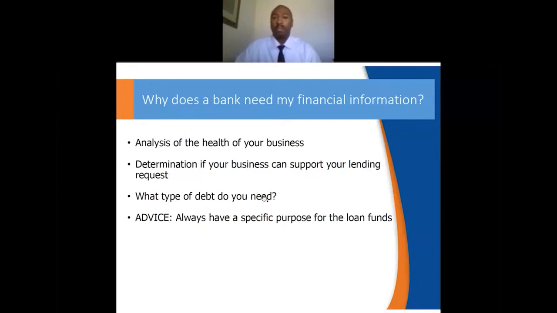Let me give you an example. Let's say, for this lending institution, 1.3 is an acceptable cash flow. It's showing that you have the ability to pay us back. So let's say in this example your annual net income is $13,000 and your annual debt is $10,000. 13,000 divided by 10,000 is 1.3.